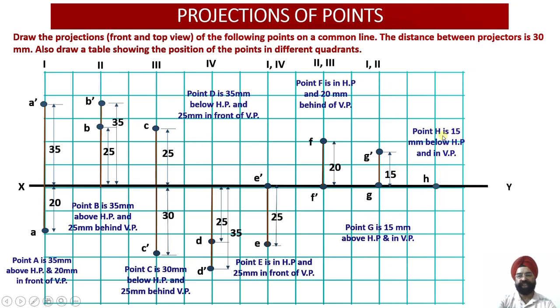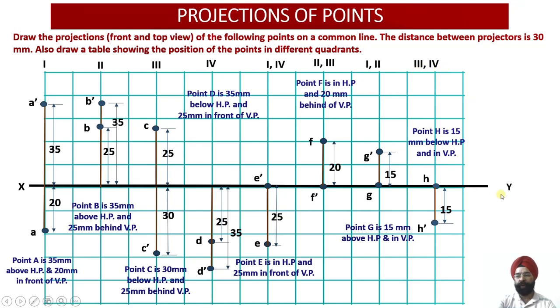Similarly for point H, it is lying in VP, so its top view will be lying on the XY reference line, and since this point lies 15 mm below the horizontal plane, the front view H dash will lie 15 mm below the XY reference line, and the quadrants for this point are third and fourth.